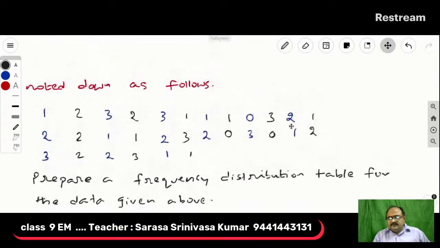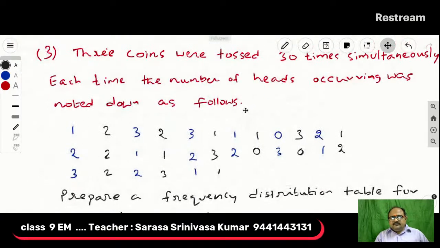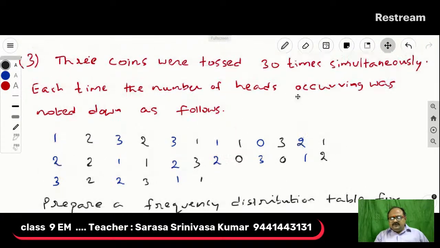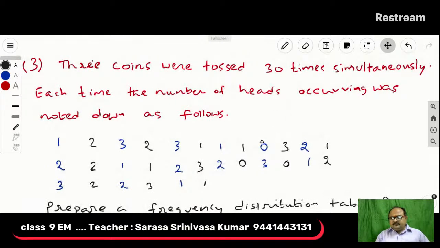So what is the given problem? 3 coins were tossed 30 times simultaneously. That is the total frequency is 30. Each time the number of heads occurring was noted down as follows. So let us prepare this table.